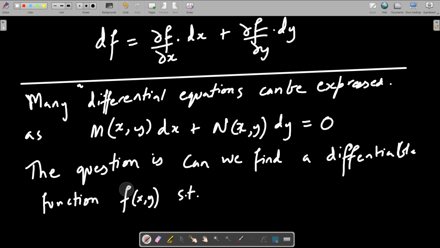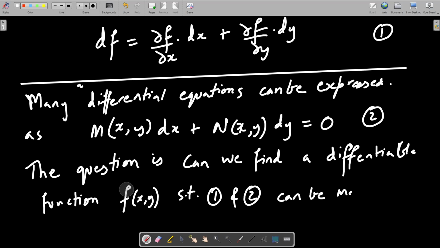such that the derivative of this comes at this position, so that these two are the same? Such that 1 and 2 can be made the same.